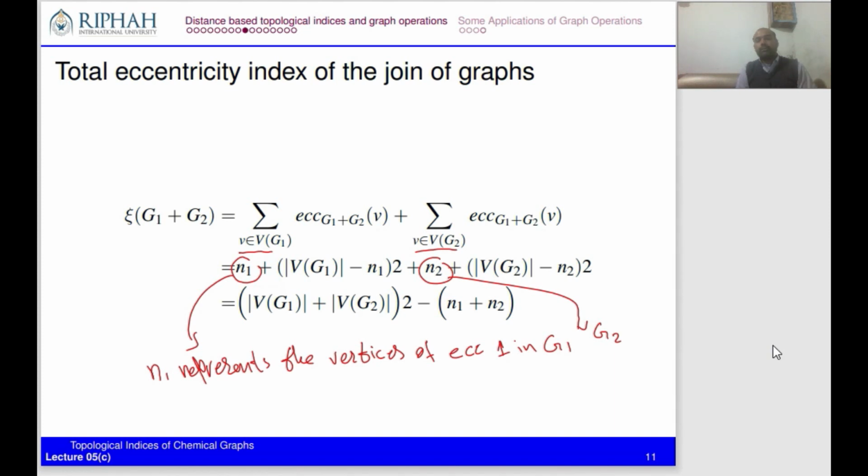Rest of all the vertices have eccentricity 2. And similarly in graph G2, N2 represents the vertices of eccentricity 1, and rest of all the vertices, because this is the total number of vertices in a graph, are of eccentricity 2. We simplified this expression, and we have the formula of the total eccentricity index.